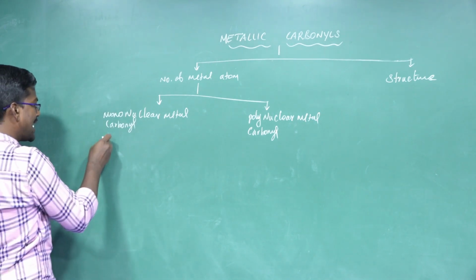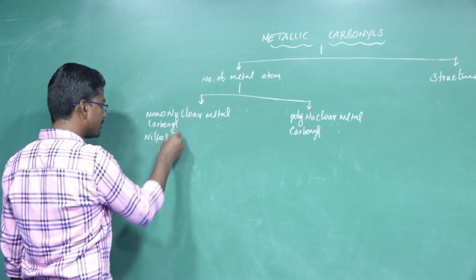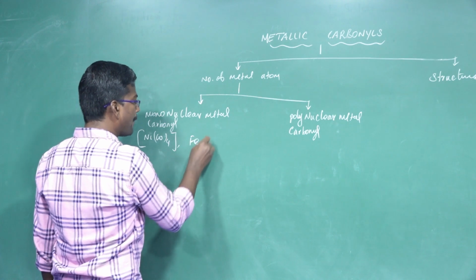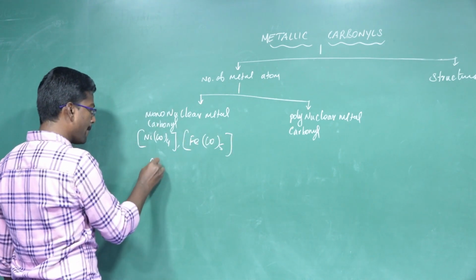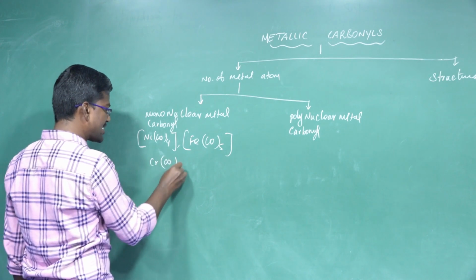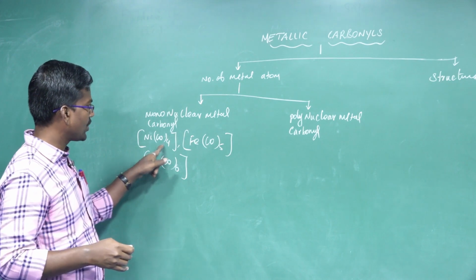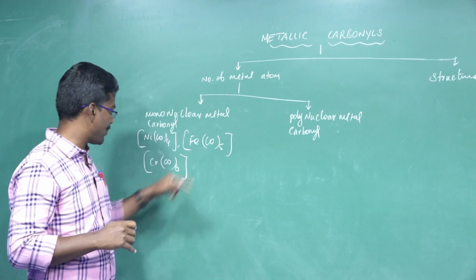For example, nickel tetracarbonyl, Ni(CO)4; then iron pentacarbonyl, Fe(CO)5; chromium hexacarbonyl, Cr(CO)6. Nickel tetracarbonyl has a tetrahedral shape. Iron pentacarbonyl has a trigonal bipyramidal shape.